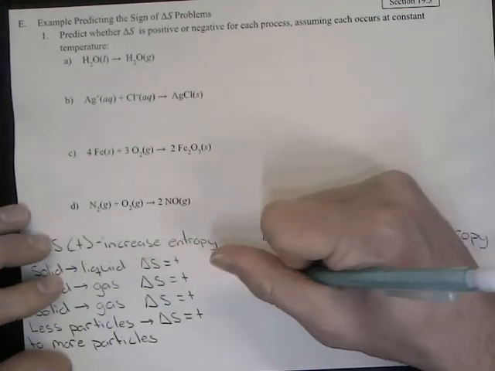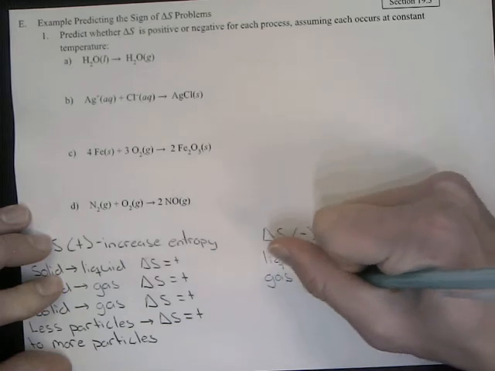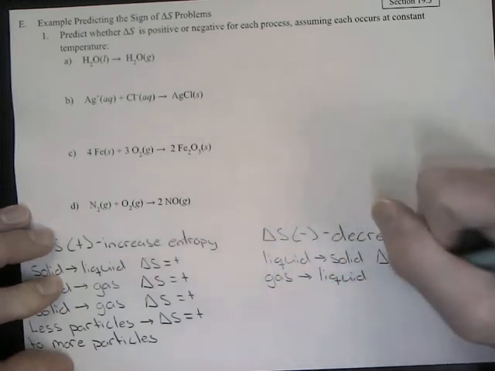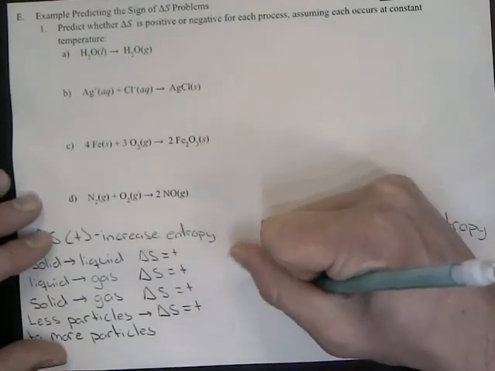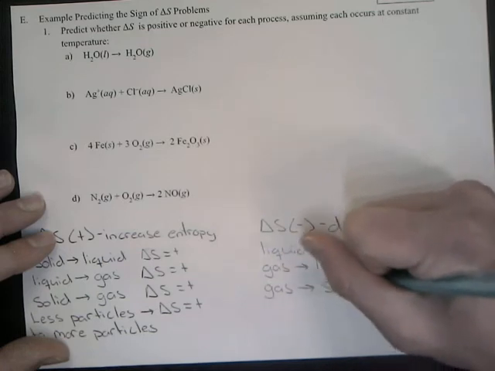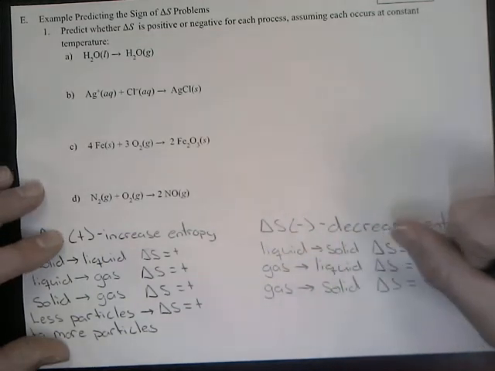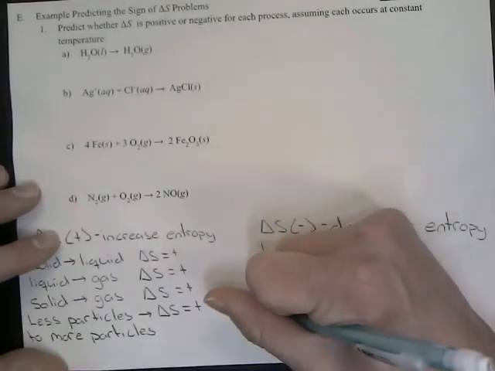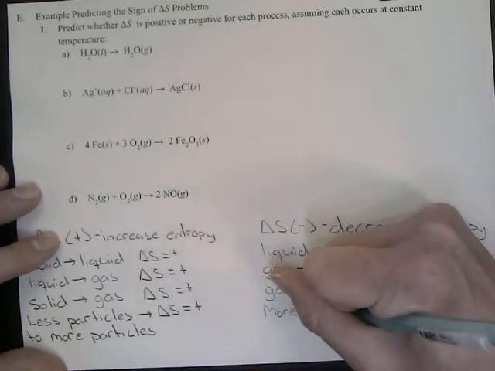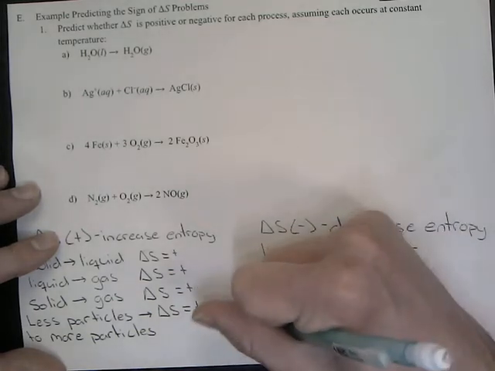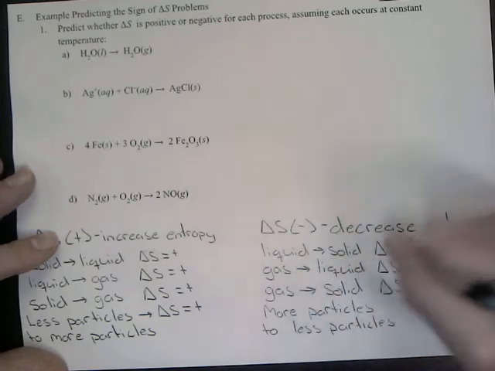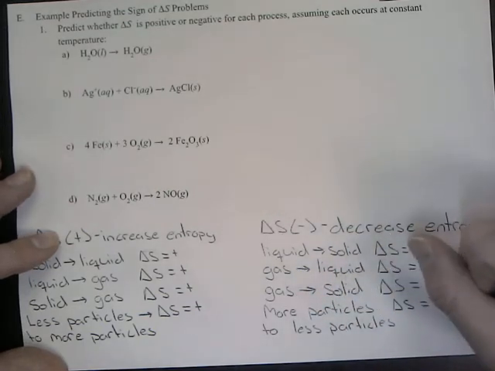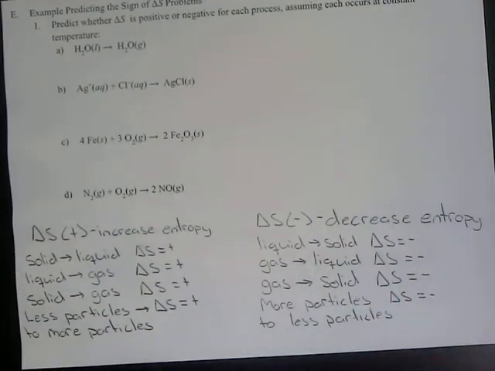Or if we go from a gas to a liquid, again, delta S is negative. Also, if we go from a gas straight to a solid, your delta S is negative. And one more thing: if we go from more particles to less particles, your delta S is also negative. So that's our cheat sheet to determine if delta S increases or decreases.